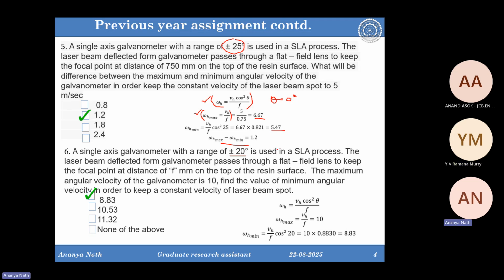Wn is the angular velocity. Vn is the normal velocity, linear velocity, you can say. And theta is the angle up to which the galvanometer can move the laser beam.